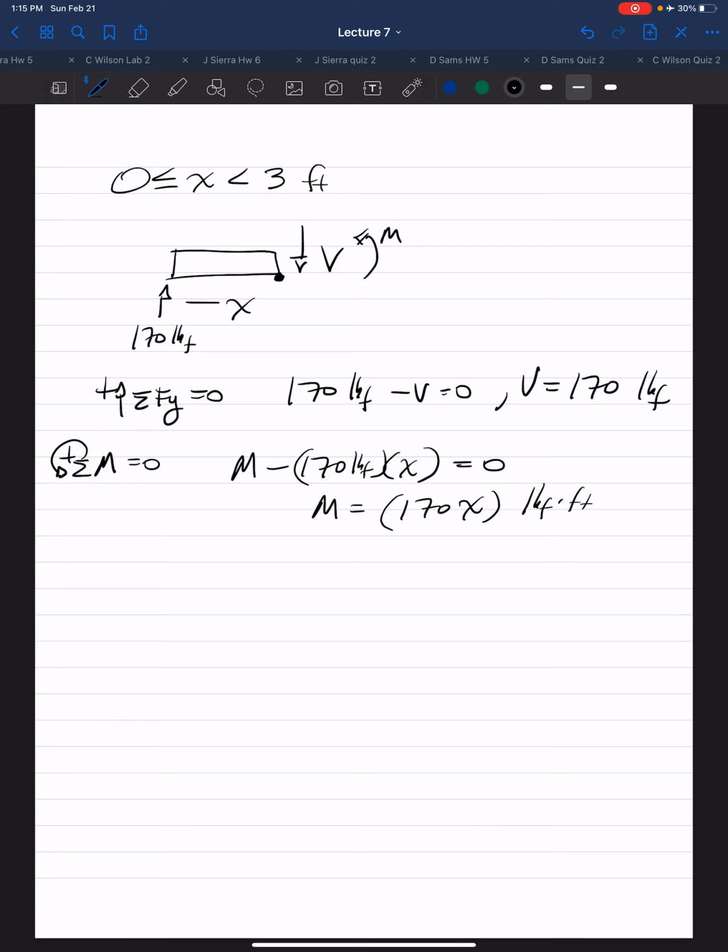So for your next range of X, that's between 3 feet to 5 feet.